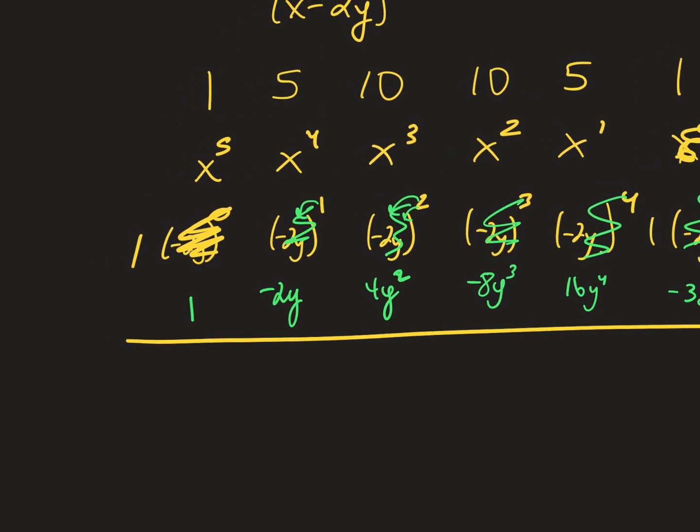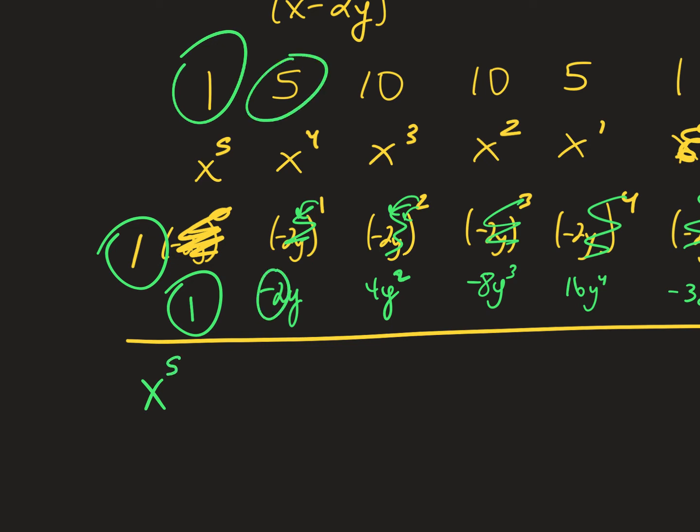So now, numbers. What's 1 times 1 times 1? 1, so I have x to the 5th, right? What's 5 times negative 2? Negative 10. And then what are your letters? X to the 4th, y, right? Okay. So what's 10 times 4? Plus 40, right?